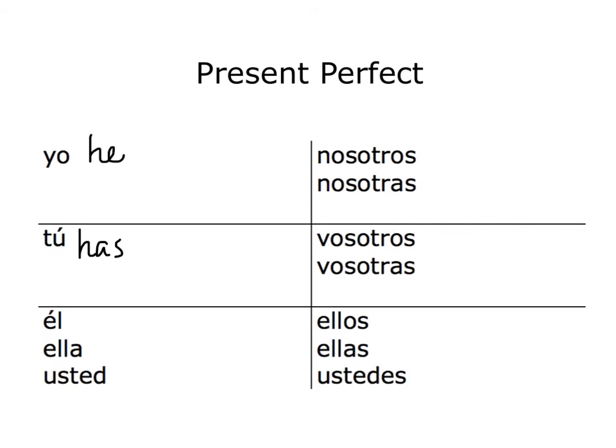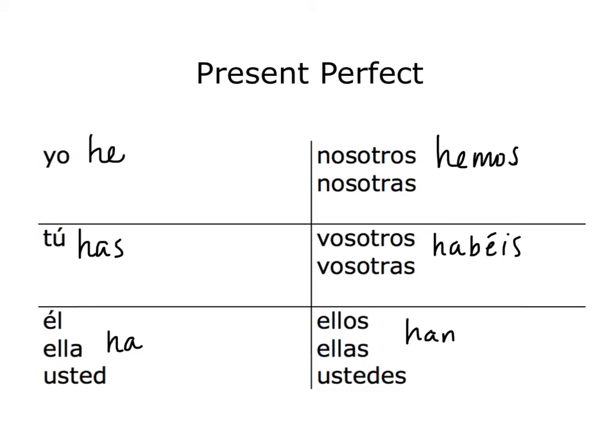Él, ella, and usted, ha. Nosotros and nosotras, hemos. That's a terrible S. Vosotros and vosotras, habéis. Ellos, ellas, y ustedes, han. But since that's only half, let's see if we can remember how to make a past participle, the ED part.